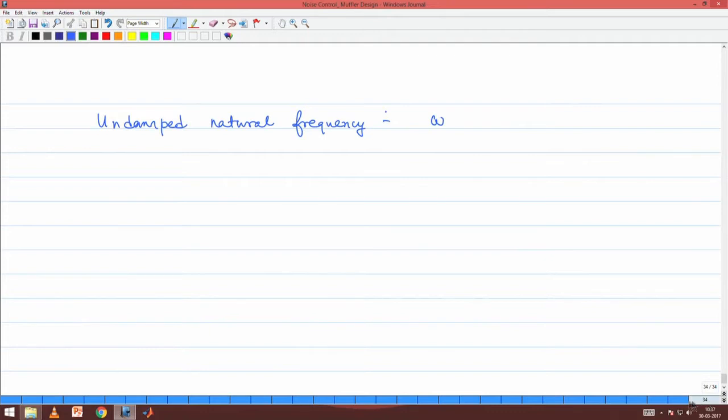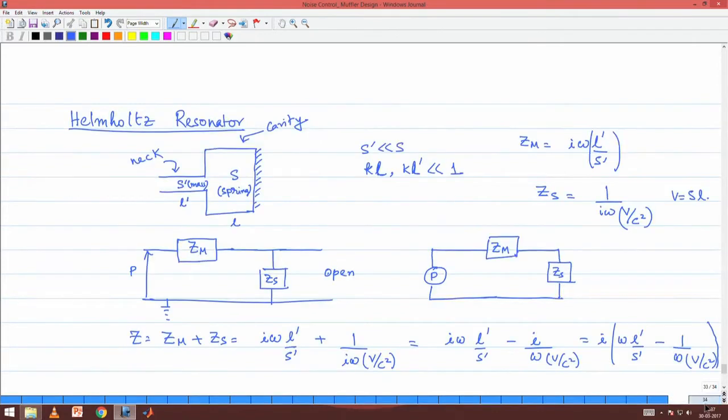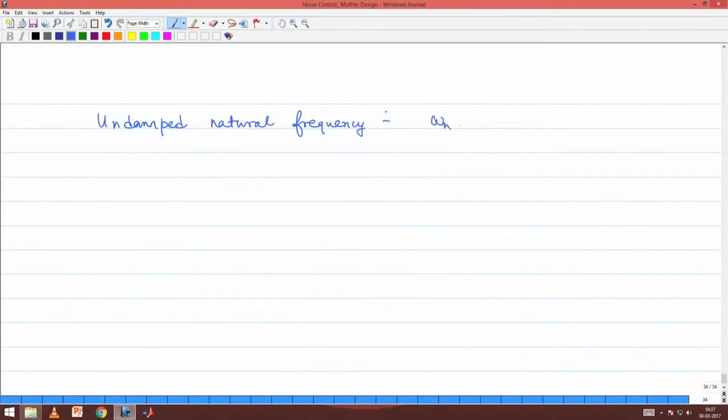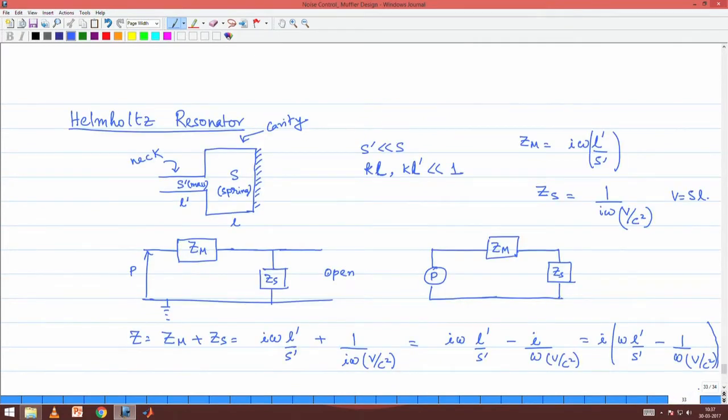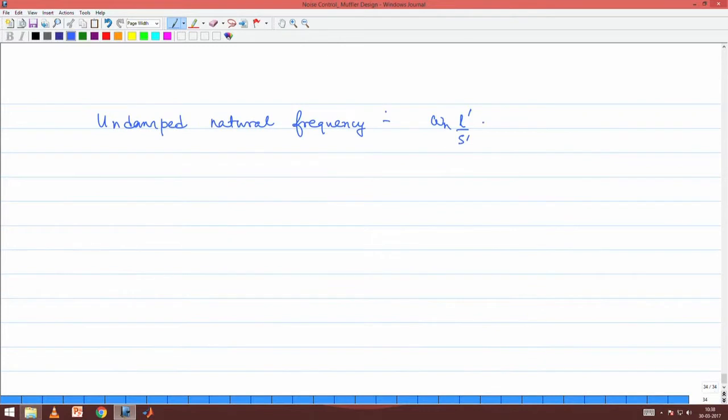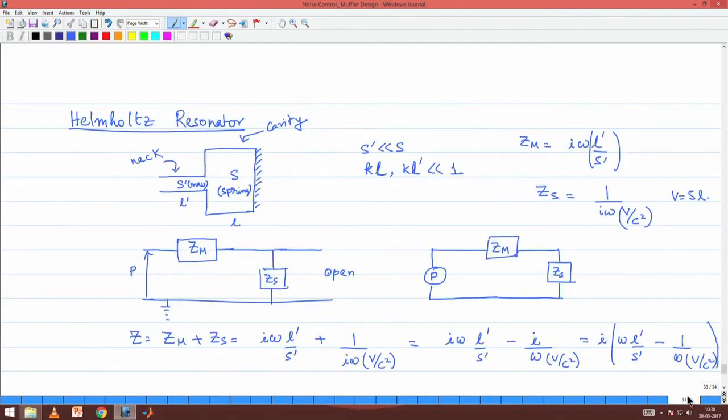It is given by omega n, such that omega n L' S' has got to be equal to 1 by omega n V by c squared.